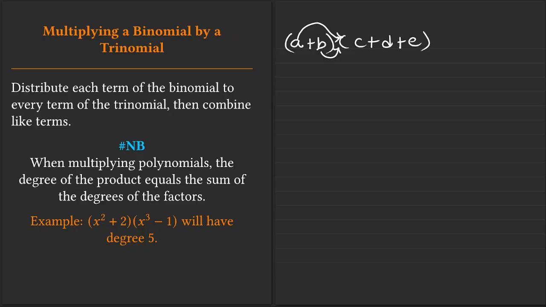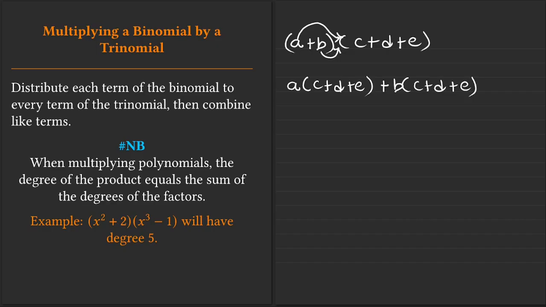So A should multiply C plus D plus E, that is what we have here, A multiplying everything here. And then B should also multiply C plus D plus E.